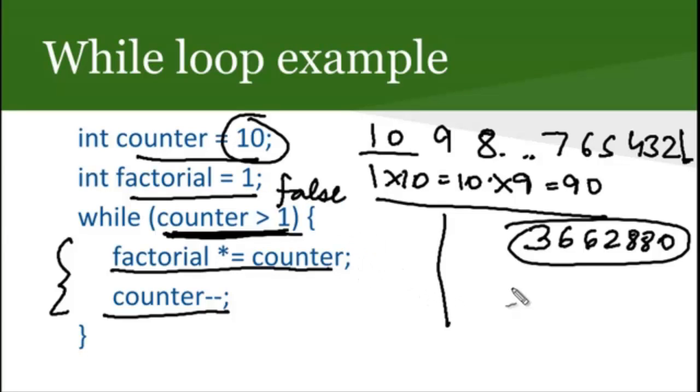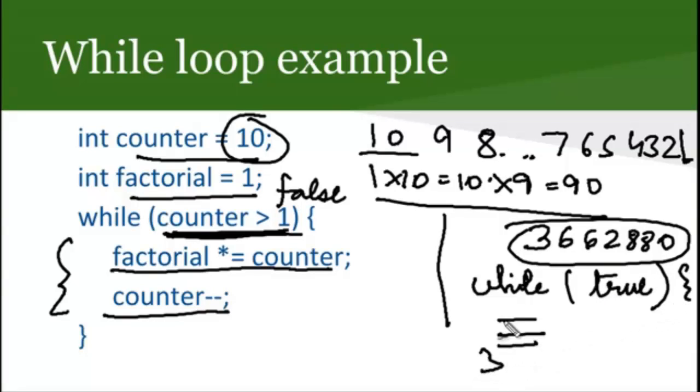And a question to you: if I do while true and write a set of statements here, what will happen? Keep thinking about it. We'll come back to this in some time.